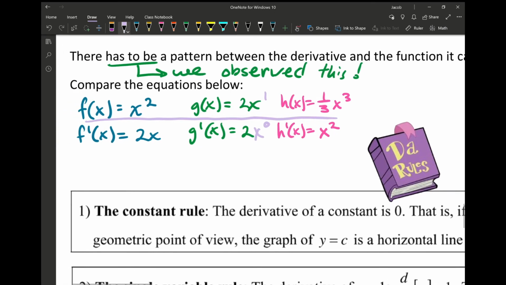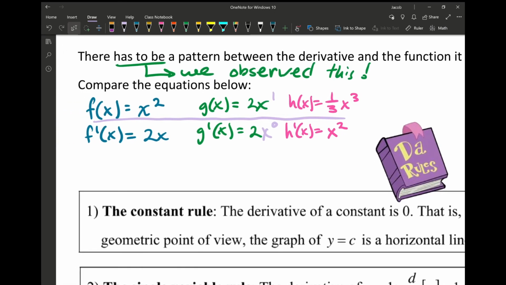But what's also happened is whatever degree you begin with, so here it's 2, that gets multiplied by the coefficient in front of that variable. So I get 1 times 2, that gives me 2x.